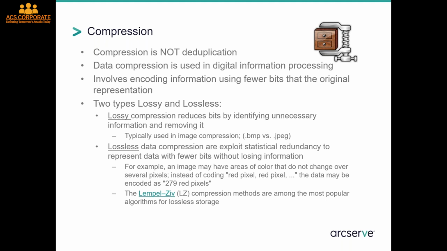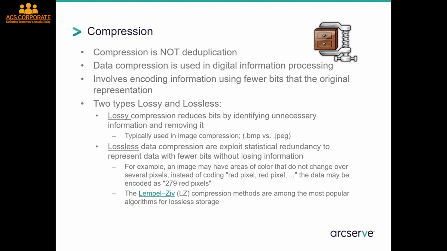Lossless data compression exploits statistical redundancy to represent data with fewer bits without losing information. For example, an image may have areas of color that do not change over several pixels, so the data may be encoded in a different way using red pixels. So there are different compression technologies available, but the key thing to take from this slide is that compression is not dedupe.